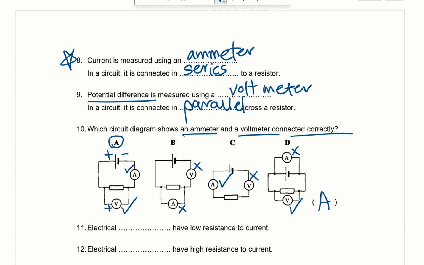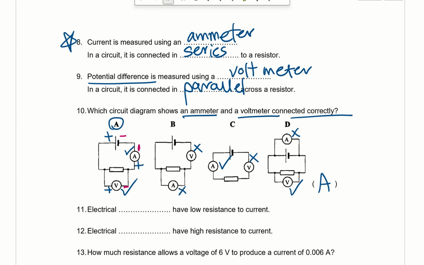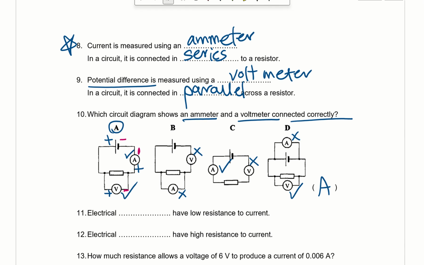That is because you have swapped the plus and minus of the voltmeter, right? So this part will be the negative. For the ammeter, if A is the correct answer, this part is the negative, this part is the positive. Sometimes you'll be asked to label the positive and negative.